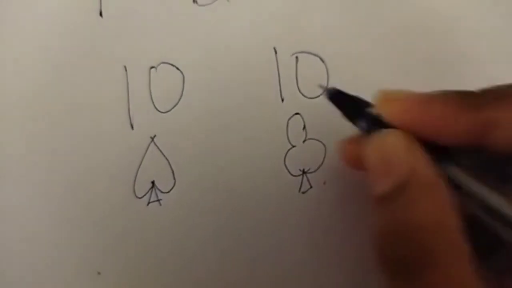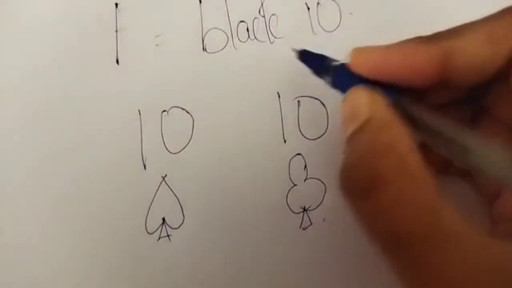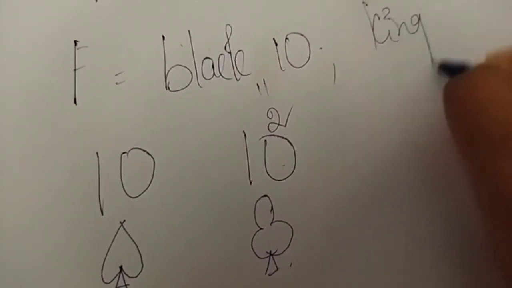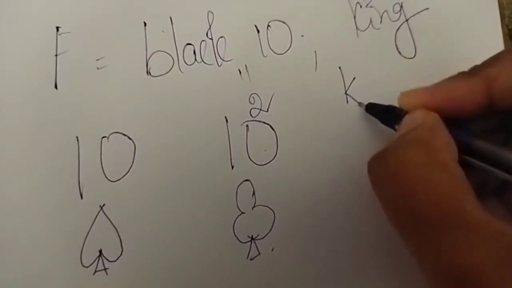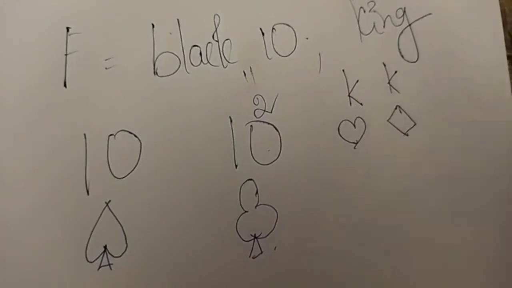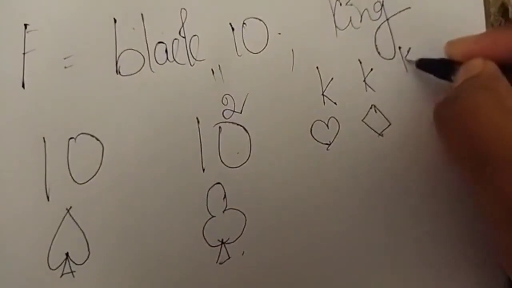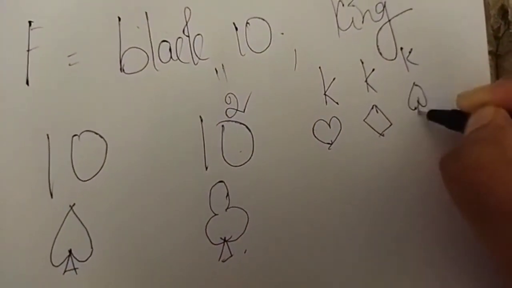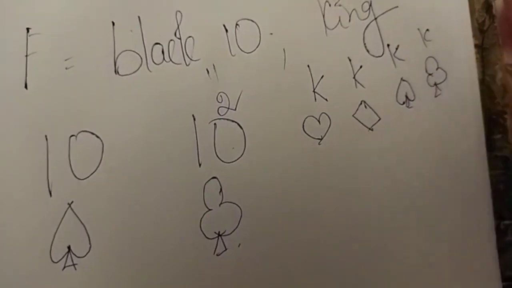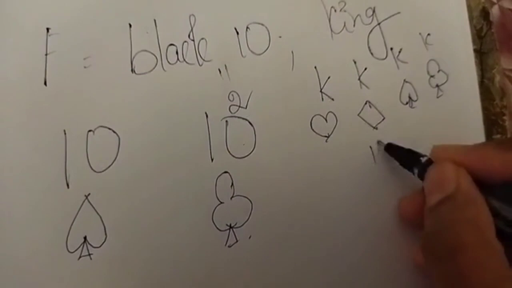So how many black 10s do we have? We have two black 10s. And then kings. How many kings do we have? We have king of hearts, king of diamonds, king of spades, king of clubs. So we have 4 kings.